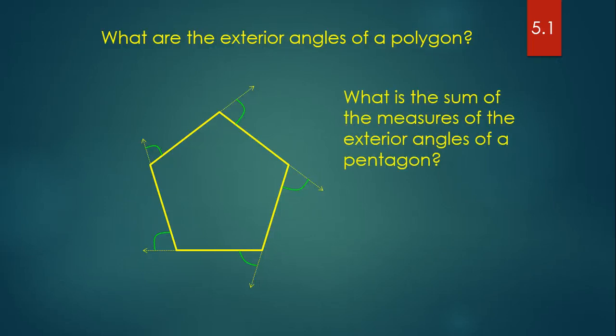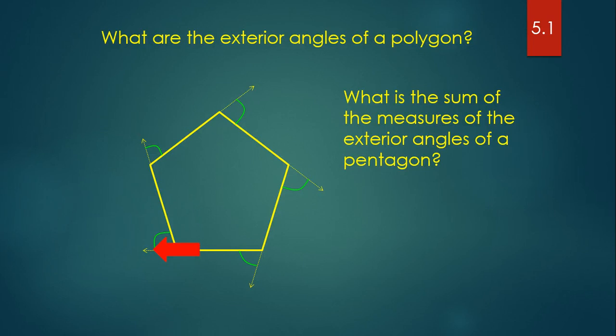Now what if we wanted to find the sum of the measures of all of those exterior angles? Well, let's think about it this way. Let's say that we were starting at that vertex of this pentagon and we wanted to just walk around the pentagon. So we're going to think about the angles that we would turn through to get back to the beginning.